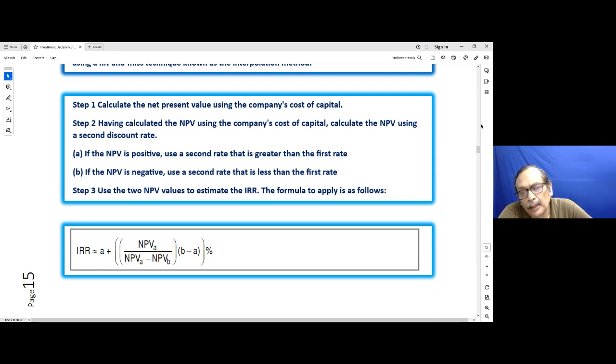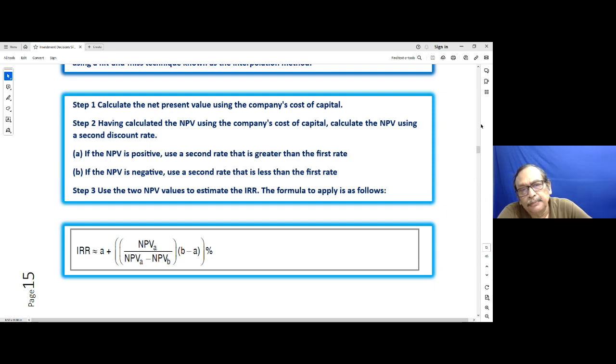Hence, if we start with a particular rate and find NPV is positive, then we should proceed to take another, higher discounting rate so that NPV is negative. So you have to restrict yourself to two discounting factors. Otherwise, there will be a problem in time management in the examination hall.